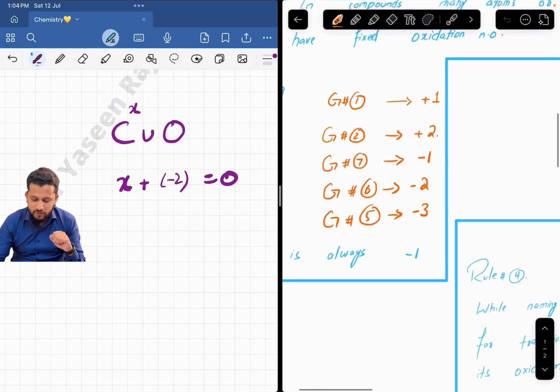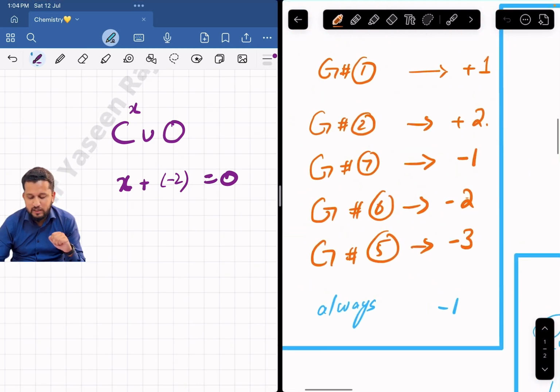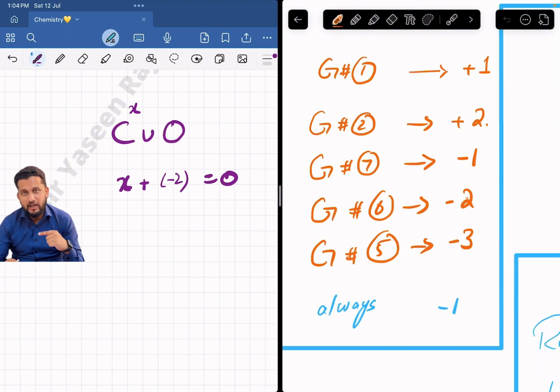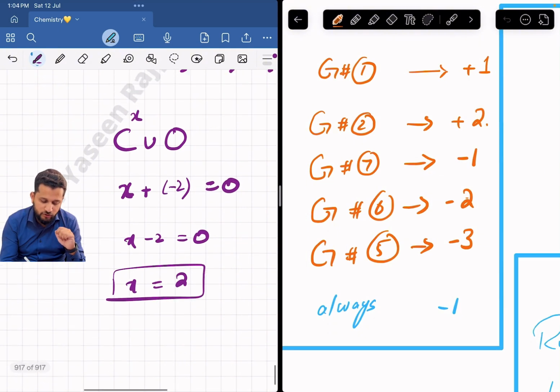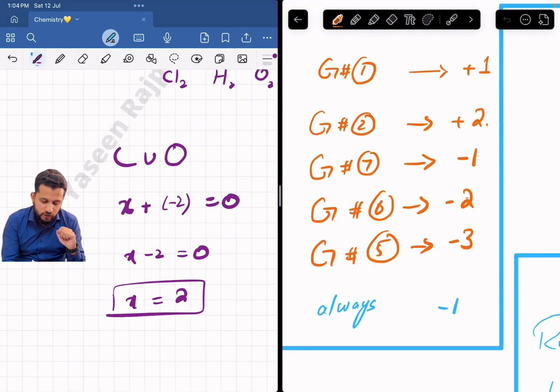All the group 6 elements have -2 charge. So if oxygen belongs to group number 6, it has -2 charge. Okay? So X - 2 equals 0 and X equals 2. And you can see over here that the oxidation number of copper is 2. So if the oxidation number of copper is 2 and the oxidation number of oxygen is -2, you can confirm that the sum of oxidation numbers in a neutral compound is always 0.